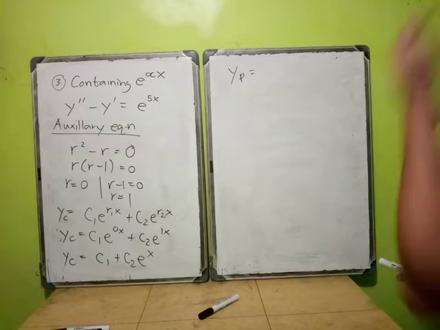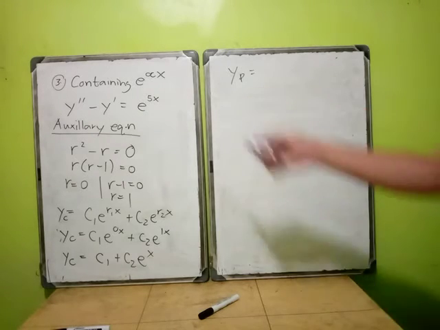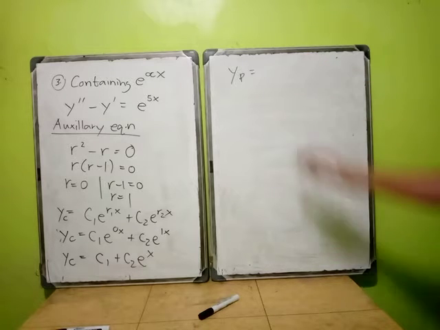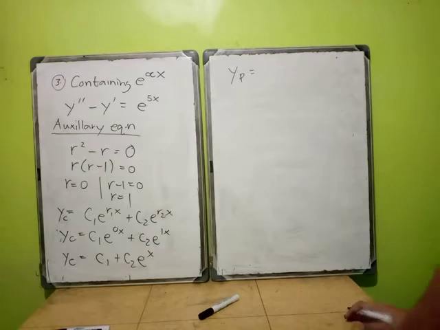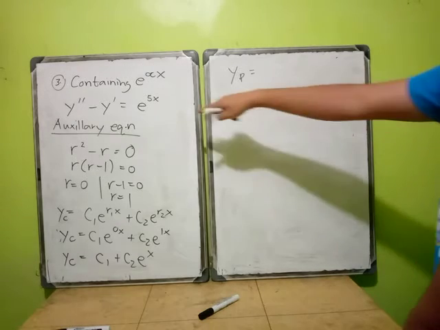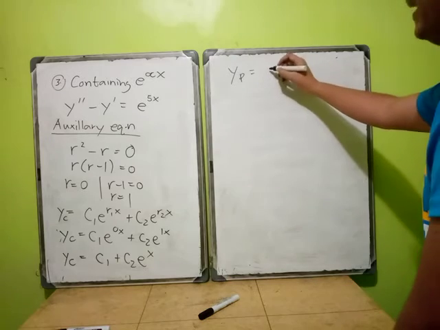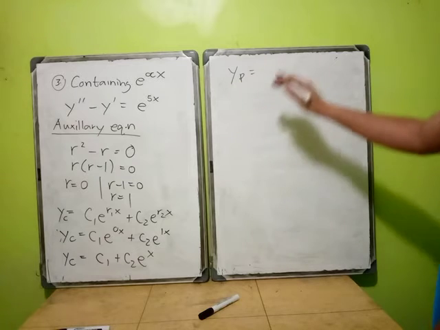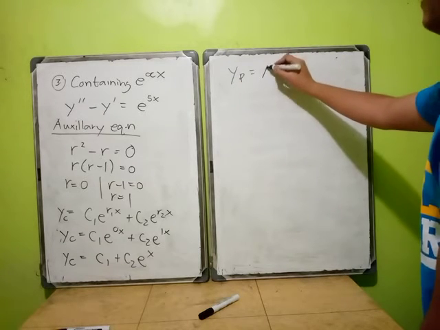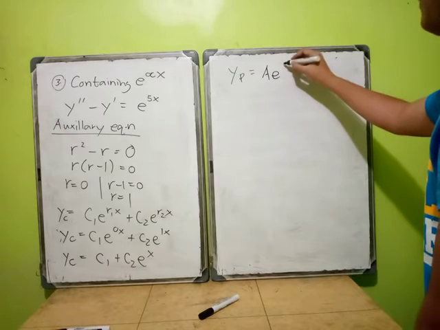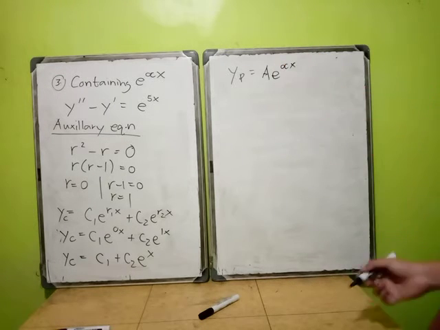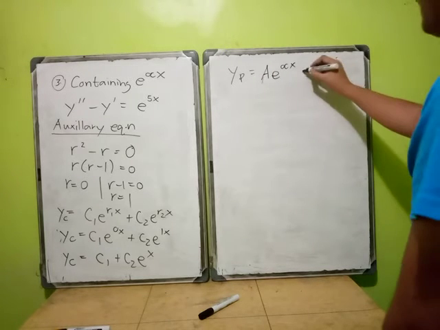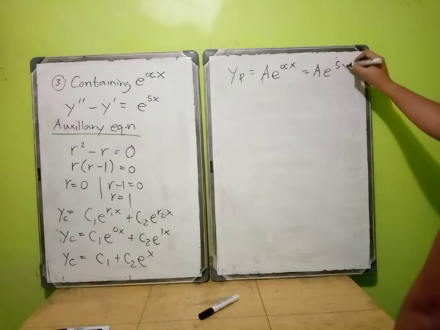So we should determine the base of your e to the power of alpha x. Our YP should be in the form of A times e to the power of alpha x. Just as simple as that. So here it will become A e to the power of 5x.